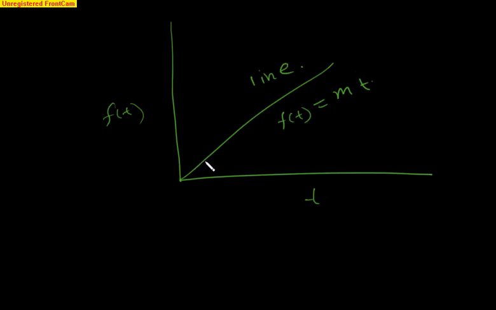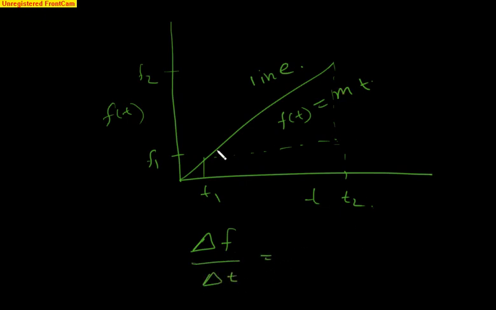You will choose 2 points, this one point, this one point, and draw something like this, and take this height difference, delta f. Suppose it is at f1, this is at f2, and here it is t1, and this is t2. Delta f by delta t. You will simply find this difference, f2 minus f1 divided by t2 minus t1, and slope will be m.